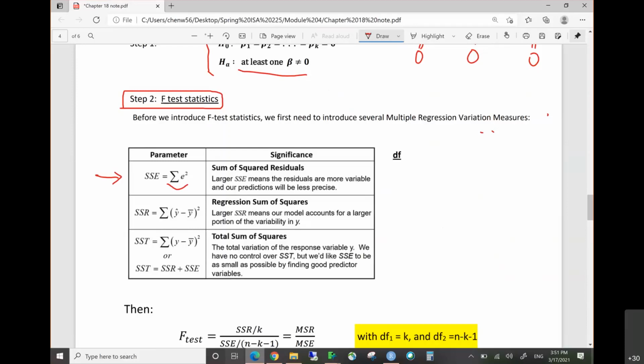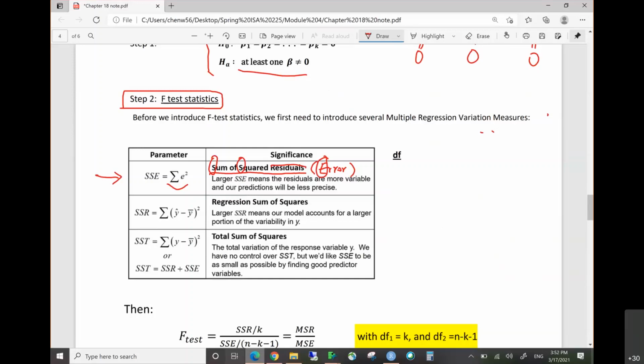So you square each residual and then sum all the residuals together, and we call it the sum of squared residuals, or we call this residual just the error. And this is short for SSE. So the SSE is the sum of squared residuals.